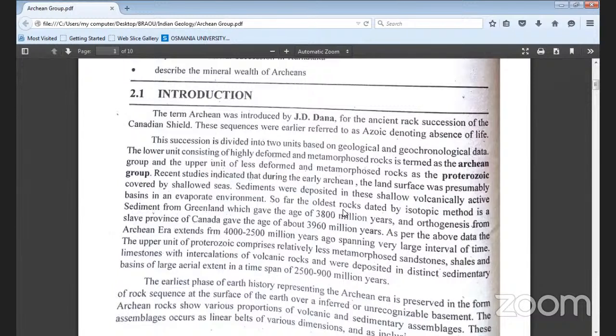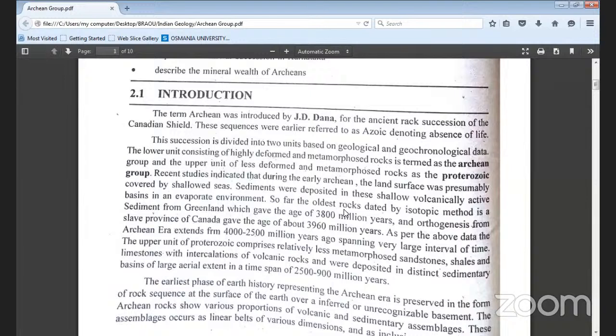Here, the term Archean was first introduced by J.D. Dana. J.D. Dana explained an ancient succession.